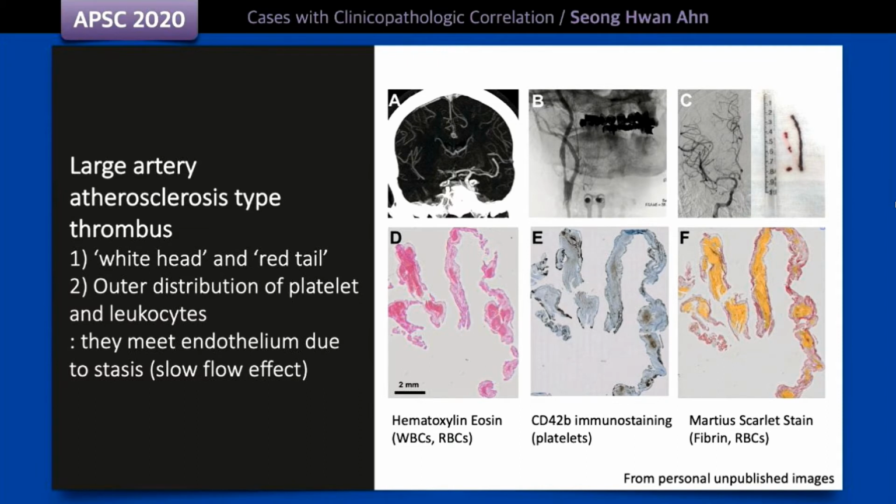In the CD42 immunostaining, we can see the peripheral distribution of platelets in brown, while lateral distribution of platelets was developed. Basically, activated platelets cause fibrins to form a firm thrombus. In a stasis environment, platelets distribute more to the lateral side of vessels and adhere to the endothelium of the vessel.